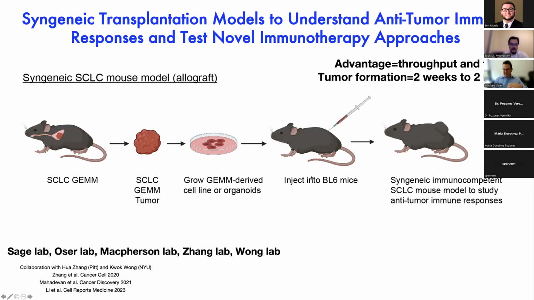Then you can transplant it back into an immunocompetent mouse of the same background and grow a syngeneic tumor. The throughput is much higher, the latency shorter, and it's really good if you want to ask questions about therapeutic approaches, particularly with immunotherapy, or impacts of a treatment on the microenvironment.